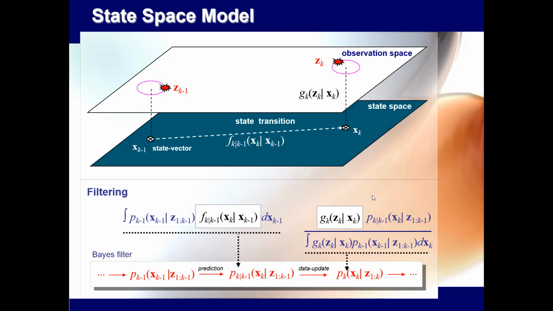So these two things are very conceptual equations. And what the Bayesian filter does is try to reconstruct the two types of PDF in the prediction and update steps.